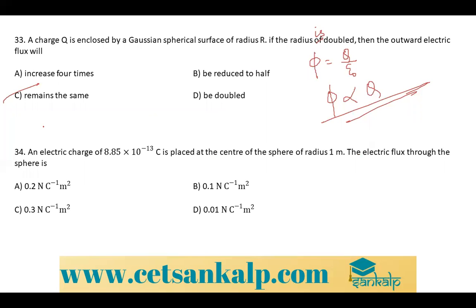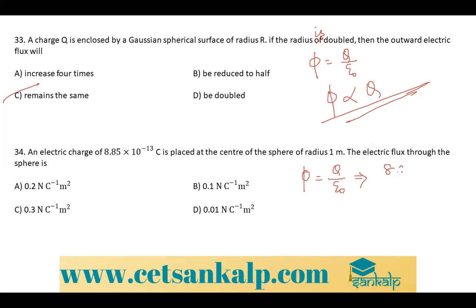So next problem: an electric charge of 8.85 into 10 to the power minus 13 coulomb is placed at the center of a sphere of radius 1 meter. Find the flux through the sphere. Direct formula: phi is equal to Q divided by epsilon naught.